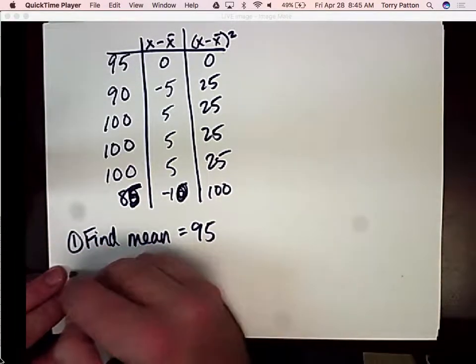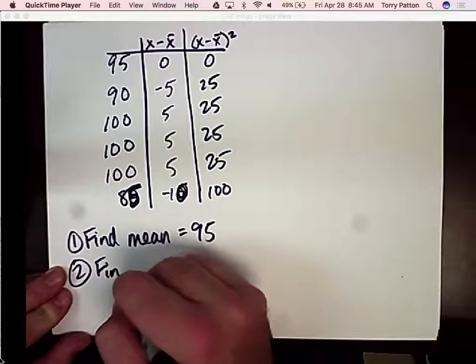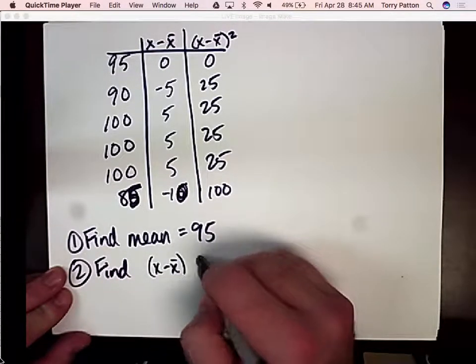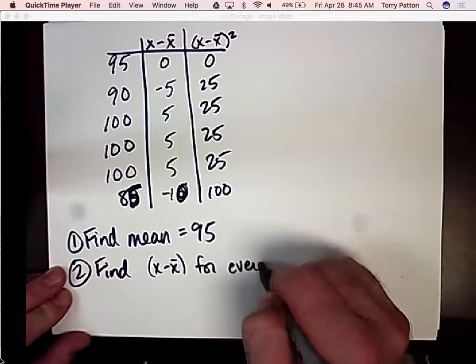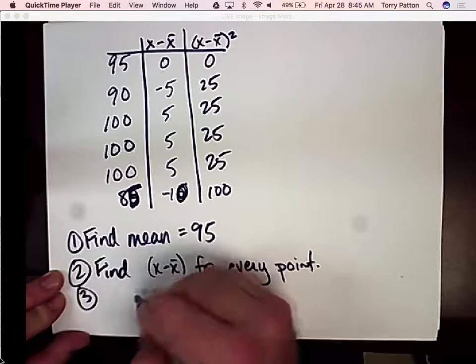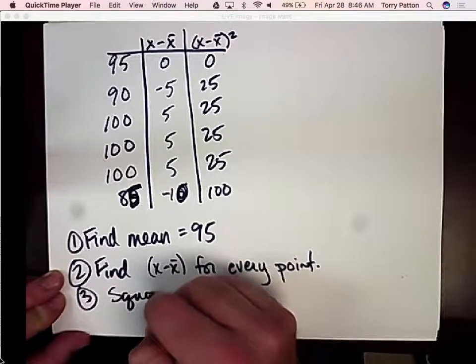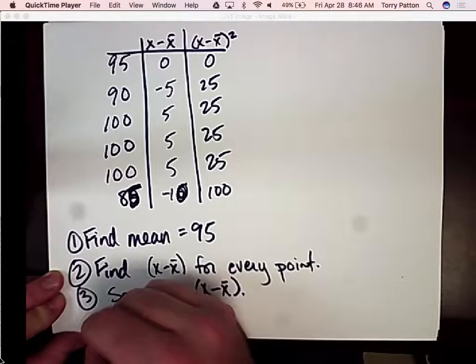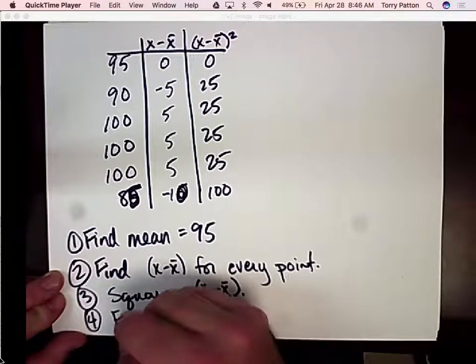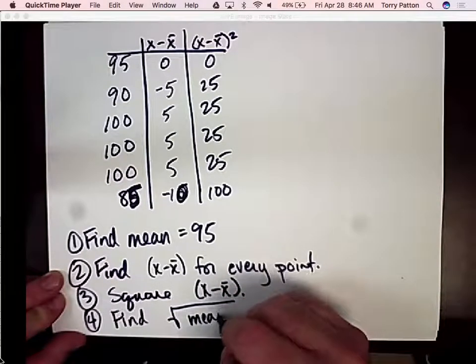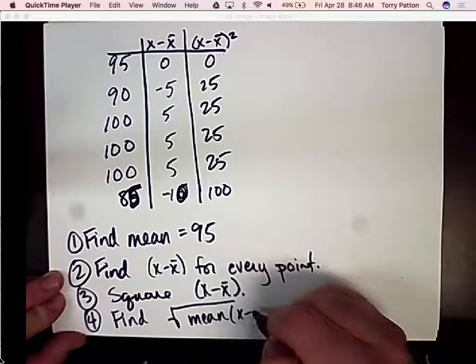So you find the mean, find x minus x bar for every point, square x minus x bar, find the square root of the mean of x minus x bar squared.